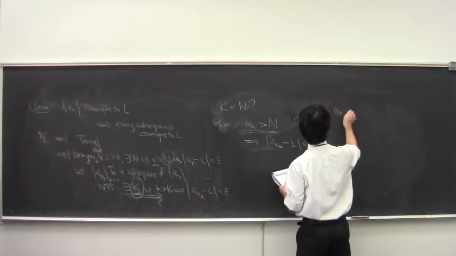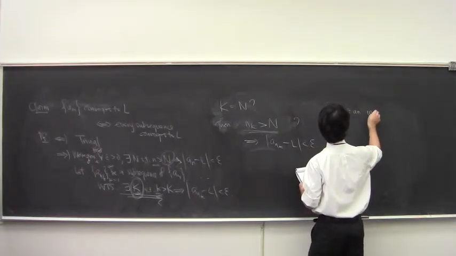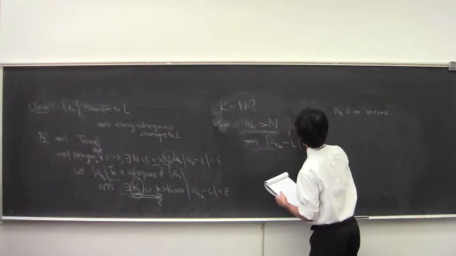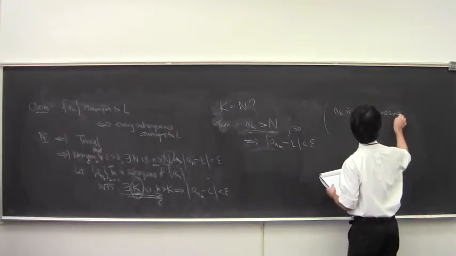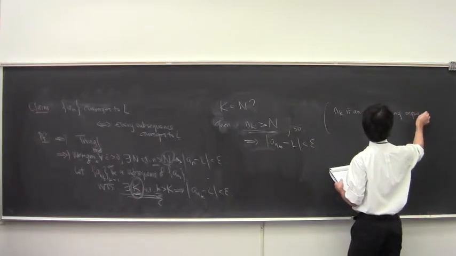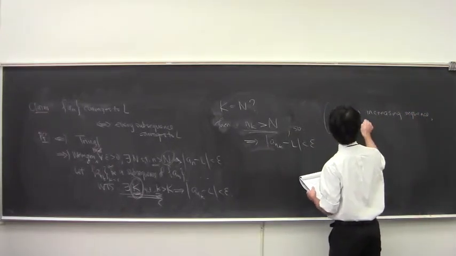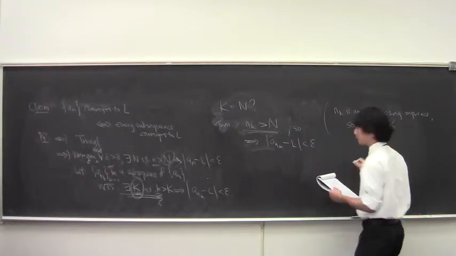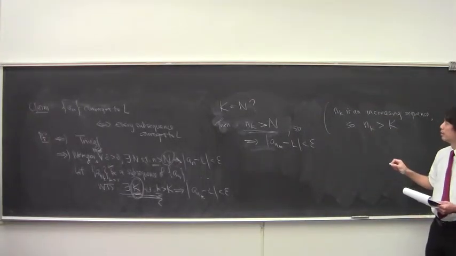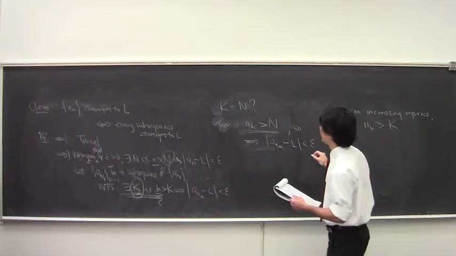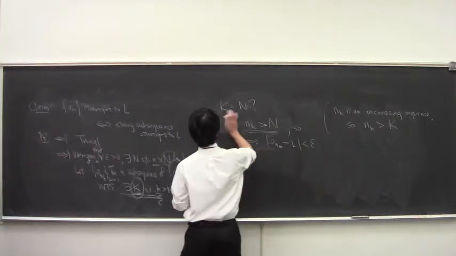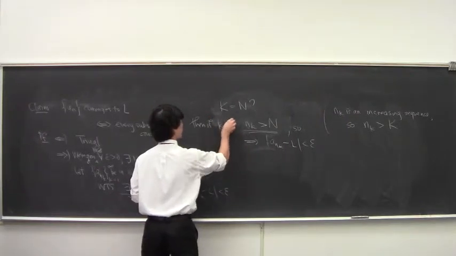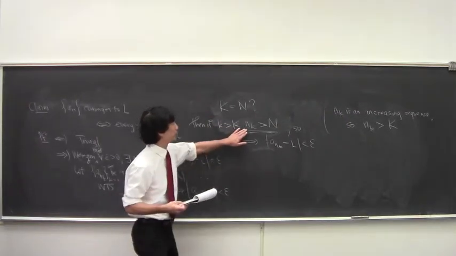N sub k is an increasing sequence. So n sub k is bigger than k, right? So then, if k is bigger than capital K, sorry, I should write this.